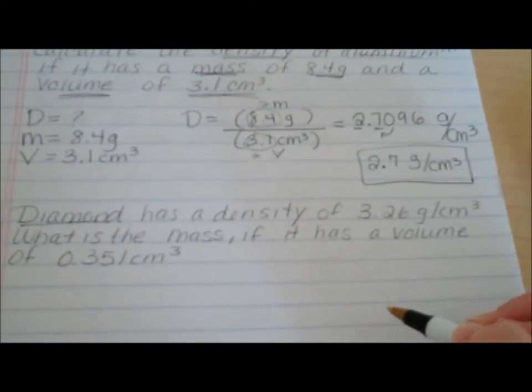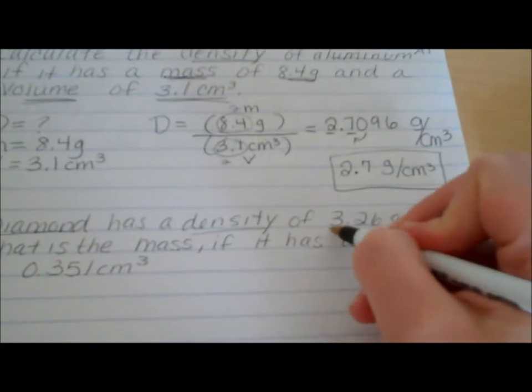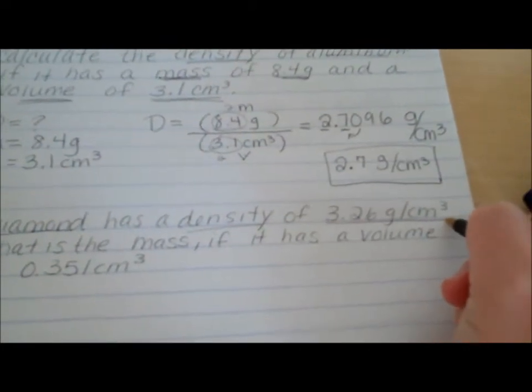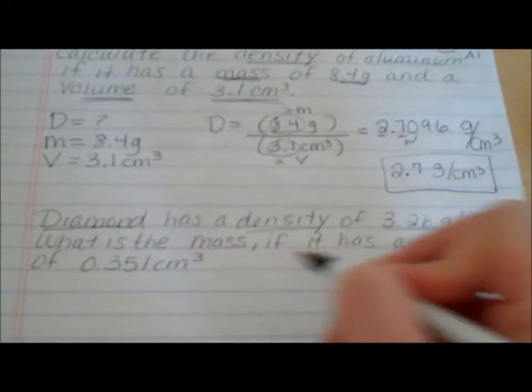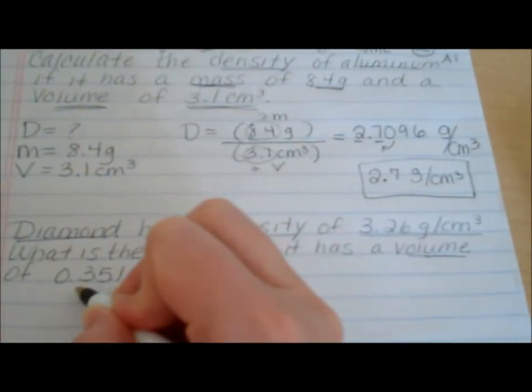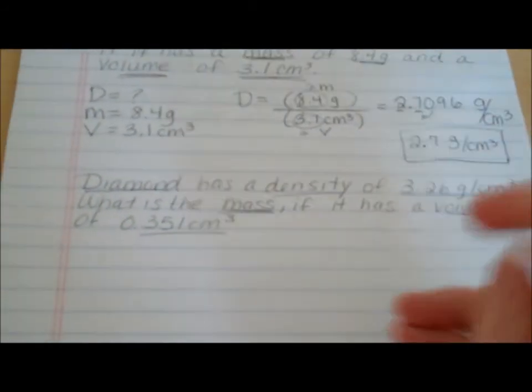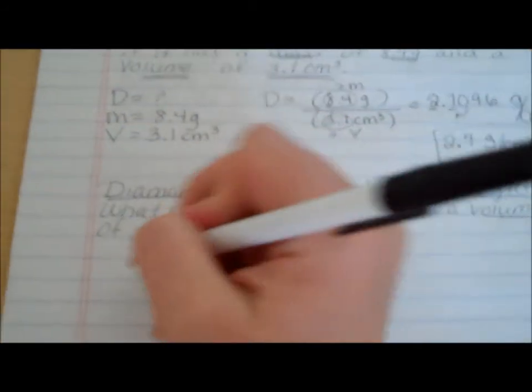Diamond, which is an allotrope of carbon, has a density of 3.26 grams per centimeters cubed. What is the mass if the volume is 0.351 centimeters cubed? So the same way that we did our other problem, I'm going to list it down here.